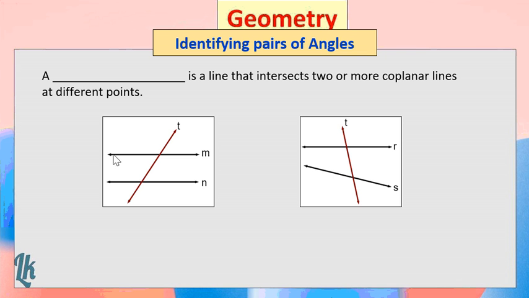Now, when two lines are cut by a third line at two different points, then that line is a transversal.